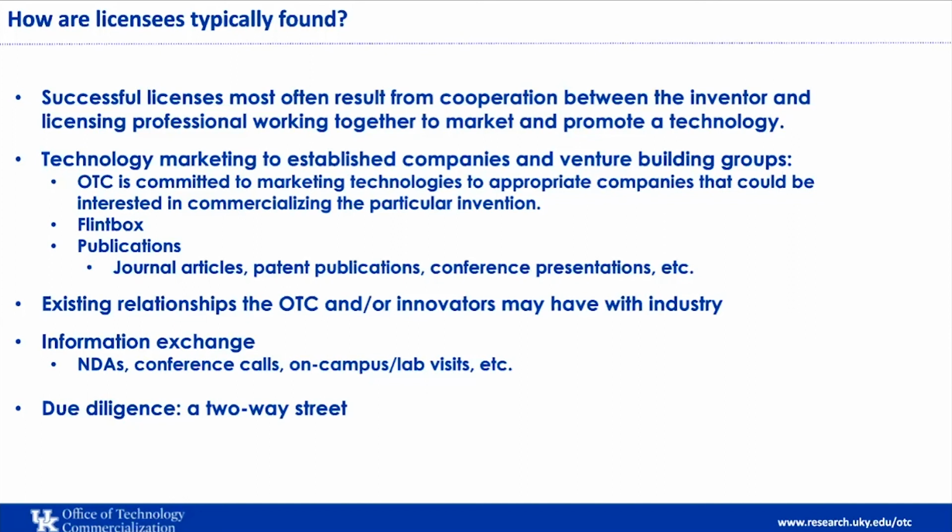First, they want to assess the IP rights. If we have a patent application pending, they would want to review the prior art, not only the prior art that we've identified as the university, but they likely would want to do their own search and assess patentability. And second, they would probably want to do a freedom to operate assessment.